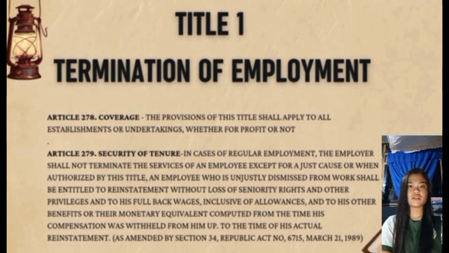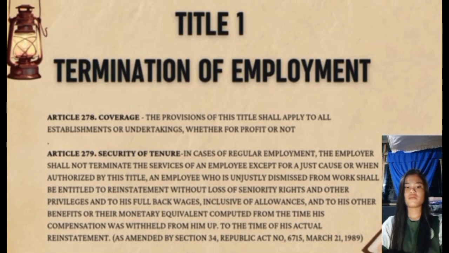In cases of regular employment, the employer shall not terminate the services of an employee except for a just cause or when authorized by this title. An employee who is unjustly dismissed from work shall be entitled to reinstatement without loss of seniority rights and other privileges.